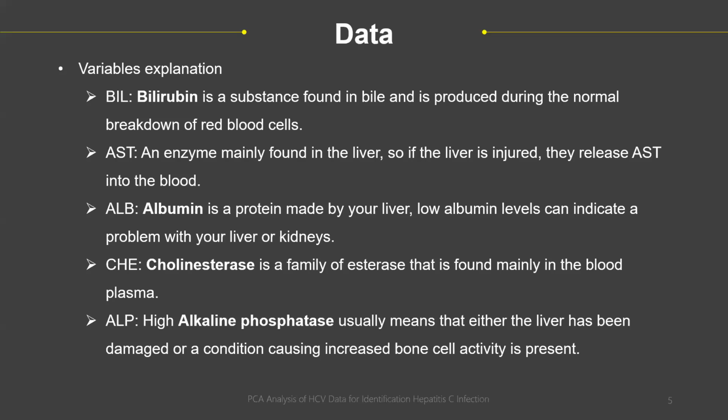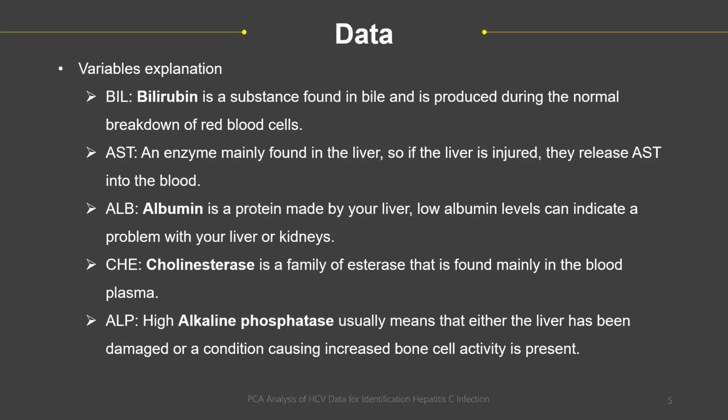ALB is albumin. ALB is a protein made by your liver. Low albumin levels can indicate a problem with your liver or kidneys. CHE is cholinesterase.